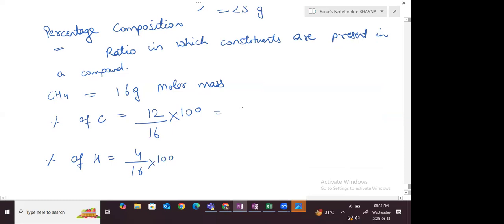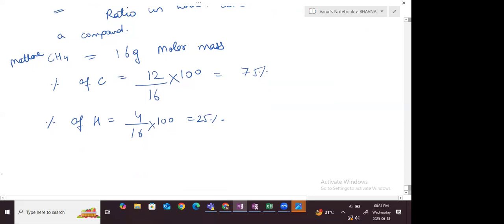So it will come out to be 75% and 25%. So the percentage composition of carbon in methane is 75% and the percentage composition of hydrogen in methane is 25%. Clear?